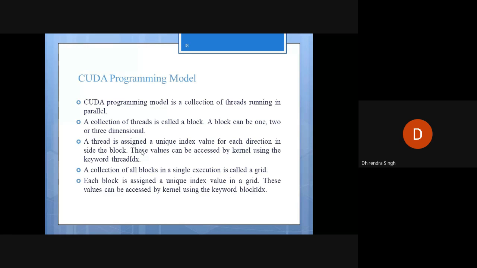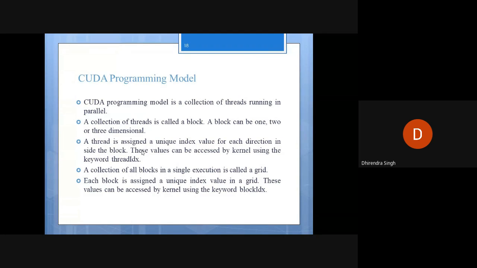Now we know the CUDA hardware. The GPU is available, and it has multiple streaming processors. Each streaming processor has 32 cores inside it.